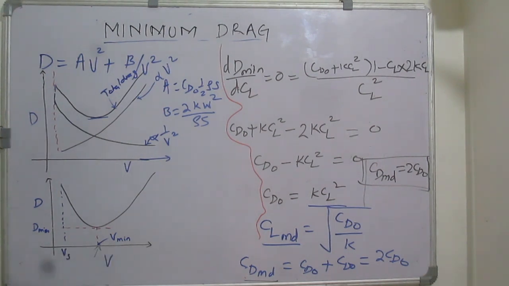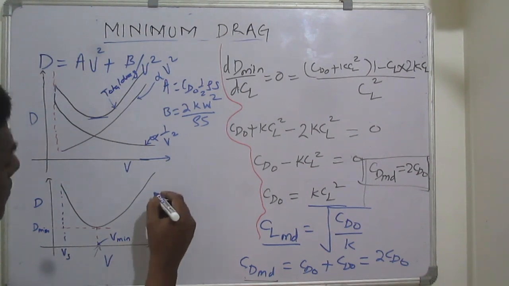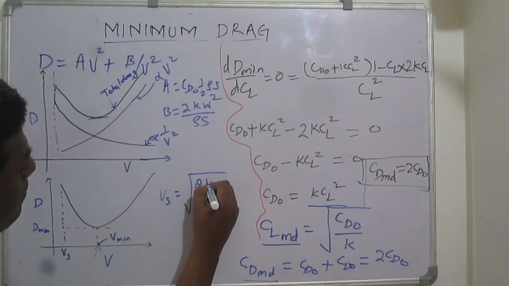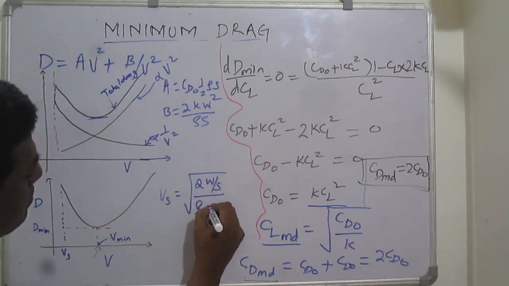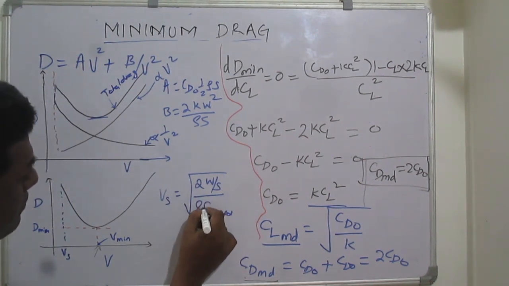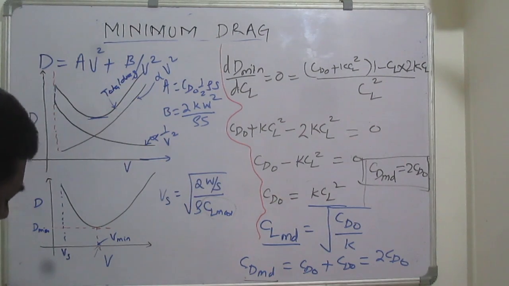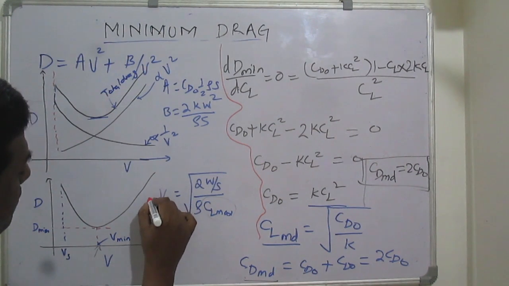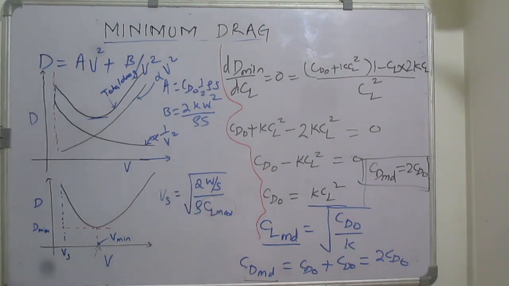Stalling velocity is achieved at maximum lift, since V stall equals the square root of 2W by S rho CL max. So this component is achieved with the help of CL max, which means we can't say the drag will be minimum at that point.